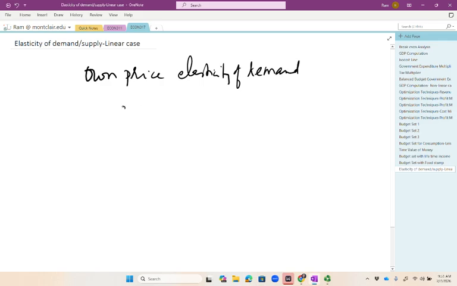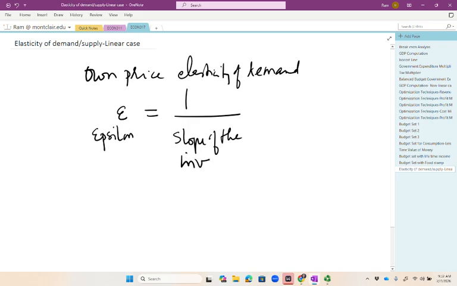First, the notation epsilon. This is the Greek letter which looks similar to E, but this is epsilon. And I will write down the formula for the own price elasticity of demand. It is 1 over slope of the inverse demand function.